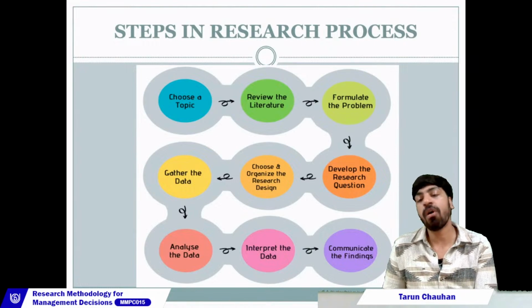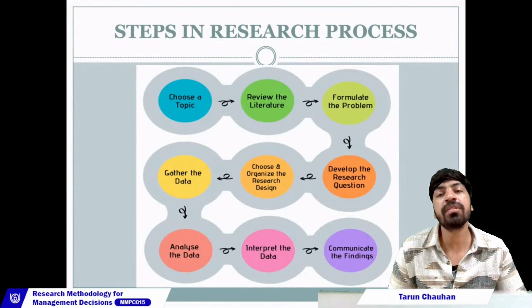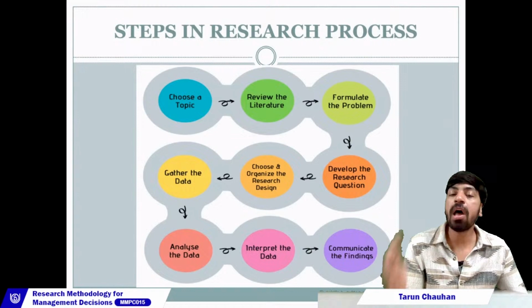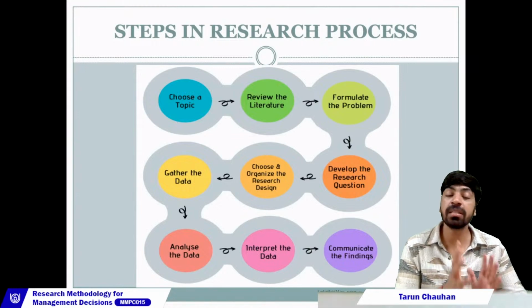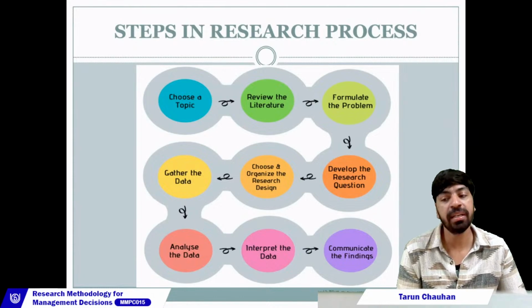So these are the exact 9 steps of the research process that a researcher has to follow when preparing any research report or research thesis at the master's or PhD level.